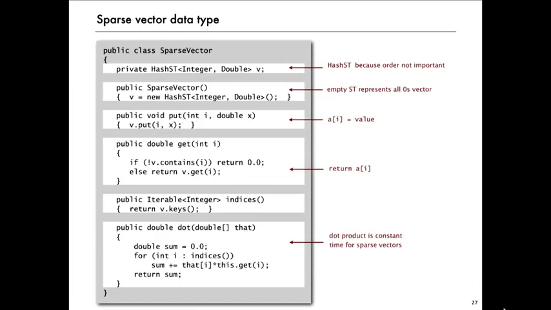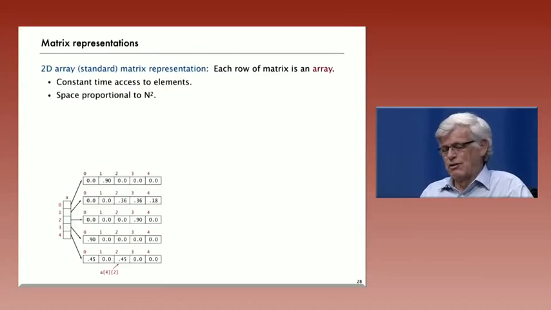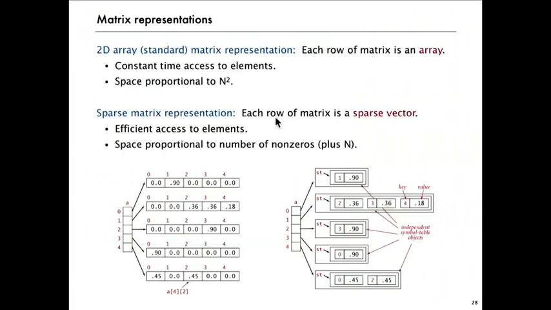And that's going to be important in the use of a matrix. So instead of using the standard matrix representation where every row of a matrix is an array, that's what a two-dimensional array is, and the space is proportional to n squared, now we're going to use a sparse matrix representation where each row of the matrix is a sparse vector.